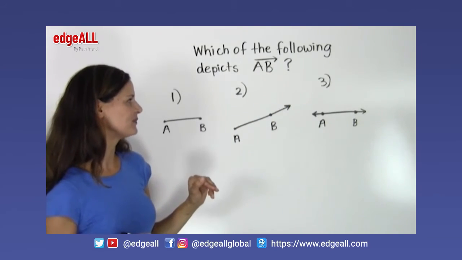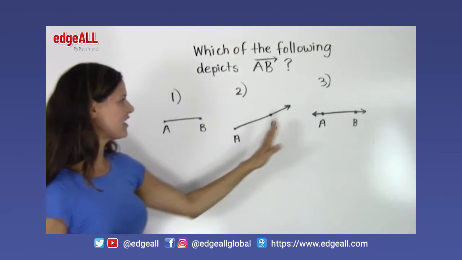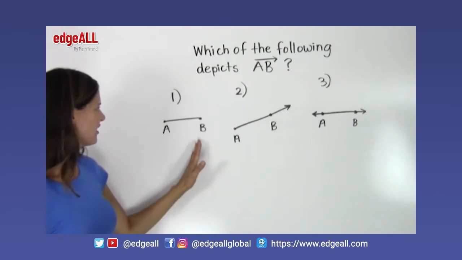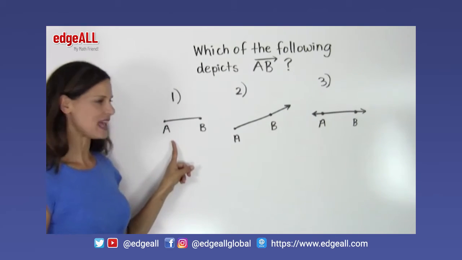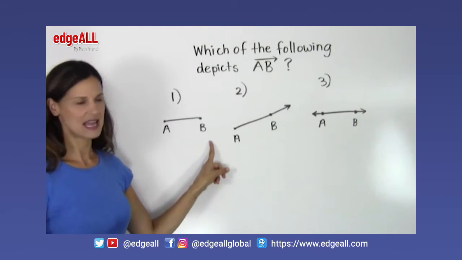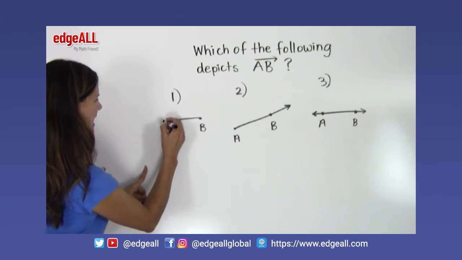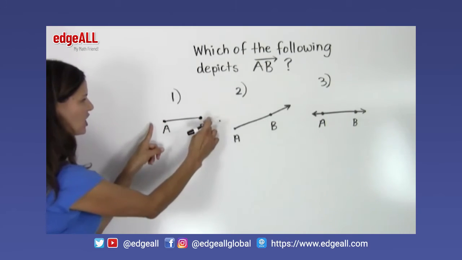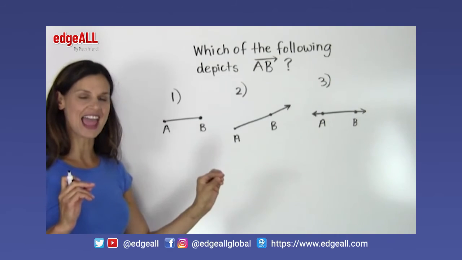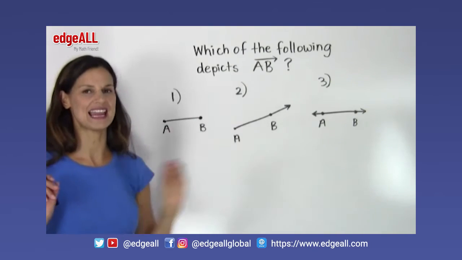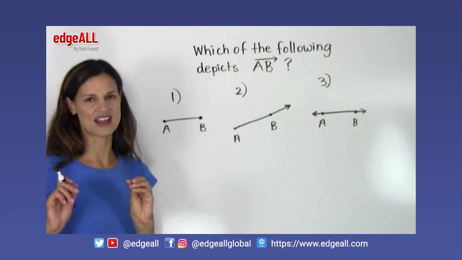So as we take a look at our three different drawings here, on the first one we can see that this is simply a line segment between points A and B. There are no arrows on either side, and so it's not a line, it's not indicating the whole line AB going on in both directions.